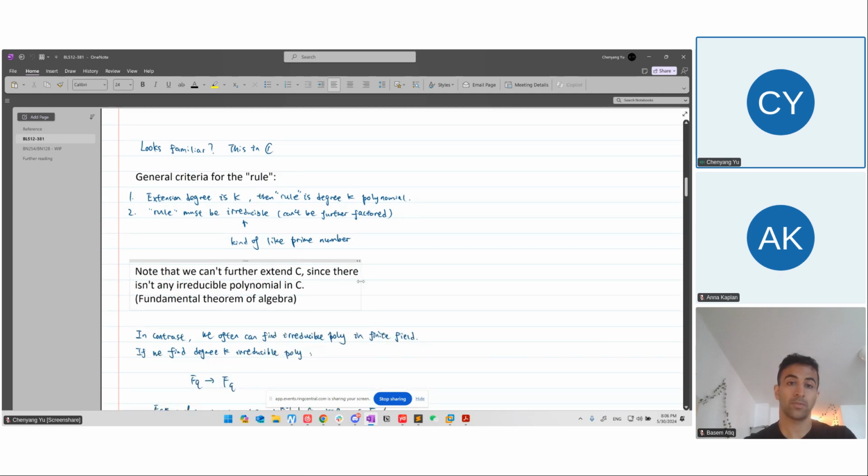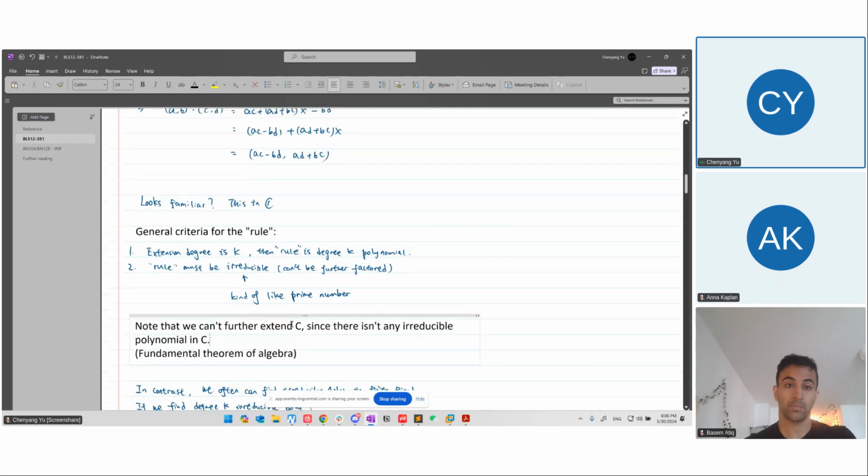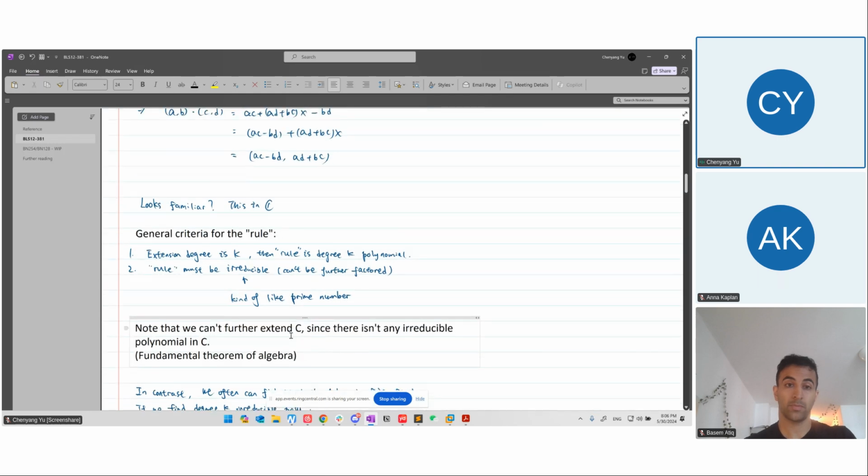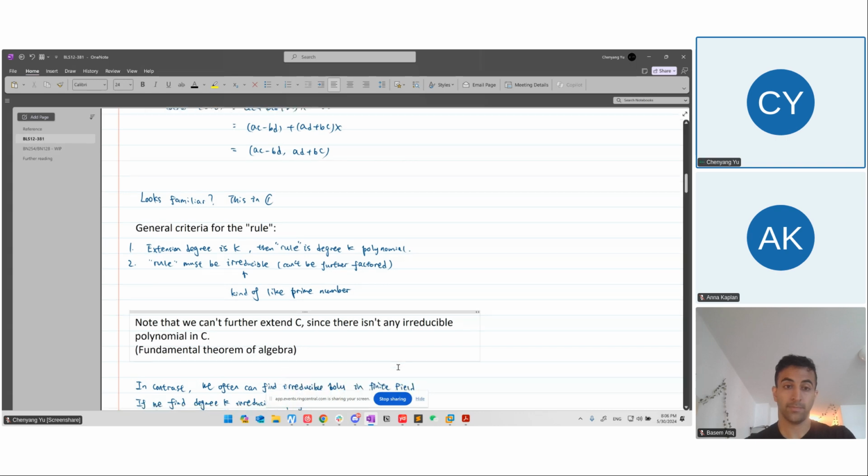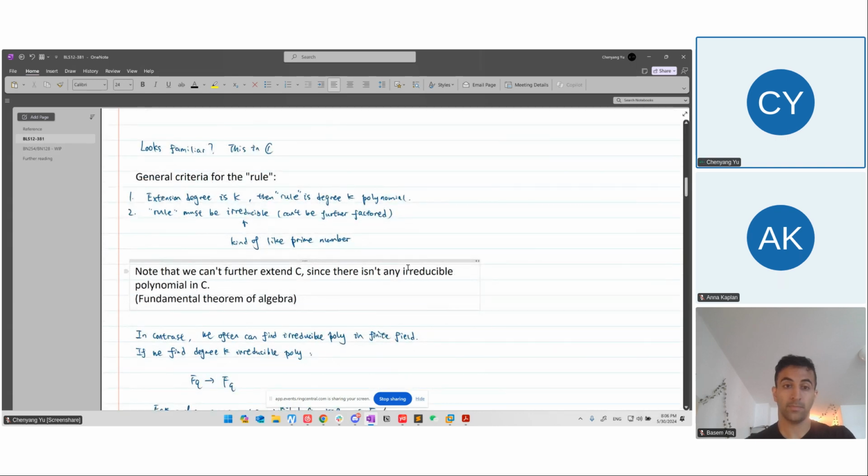And this is a fact that C is like the ultimate form for this type of extension, because you cannot further extend it, because there is no more irreducible polynomial in C. That is saying you cannot just find something like x squared plus some constant equals 0.